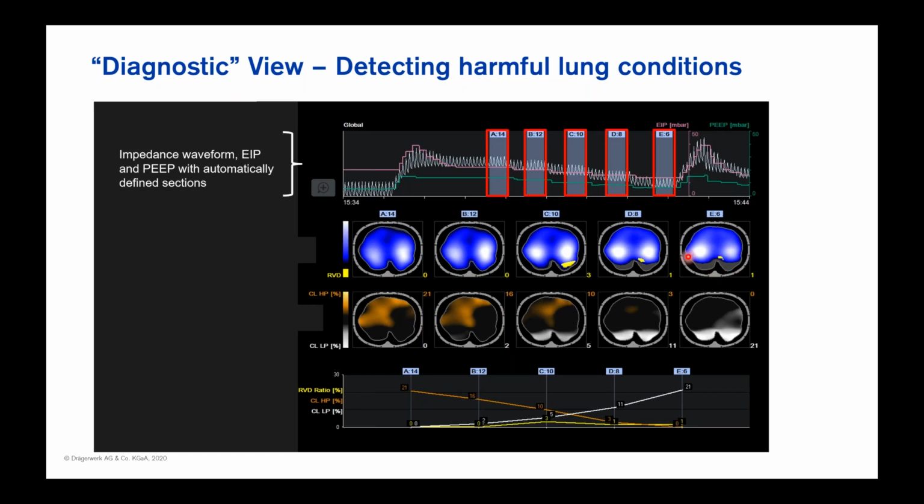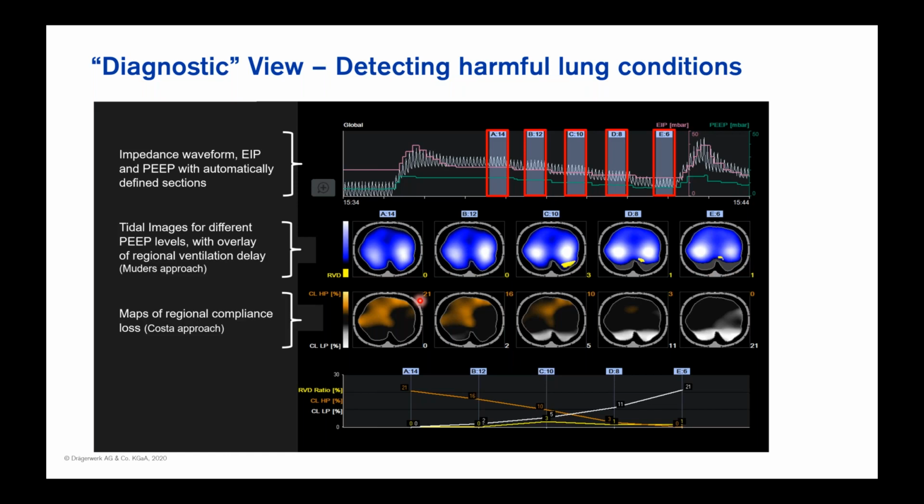And then this complementary information is provided by this approach from the group of Brazil, the estimation of overdistension, which typically decreases when you go further down with the PEEP levels. But at the same time, you see that the dorsal loss of compliance is getting larger and larger the more you decrease the PEEP.